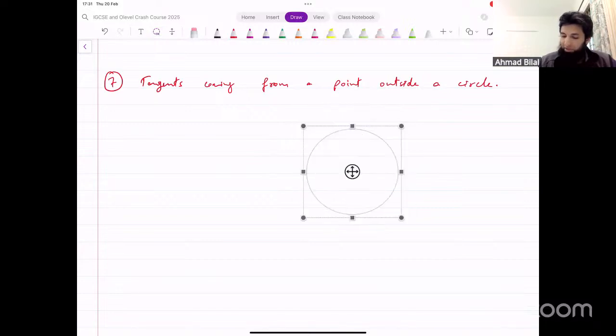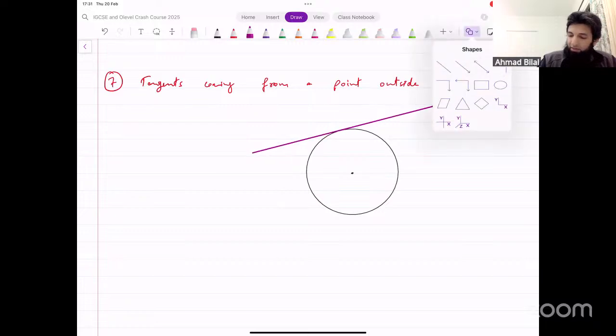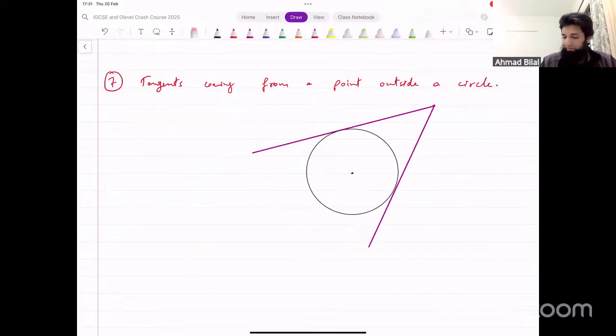Now, what happens in this case? Let's say we have a circle like this, and there's a point outside the circle. Maybe that's here. And there are 2 tangents coming from that point. There's one tangent that goes like this, and there's another tangent that goes like this. Now, these 2 tangents are going to be equal to each other.